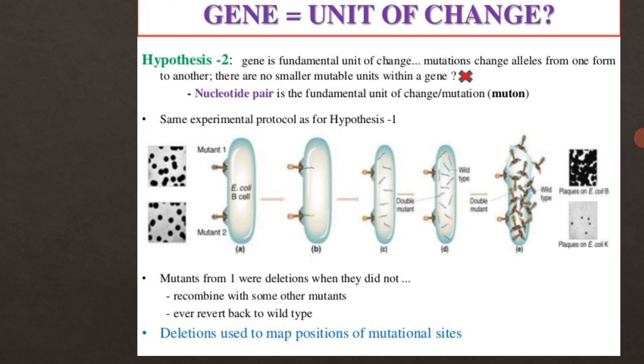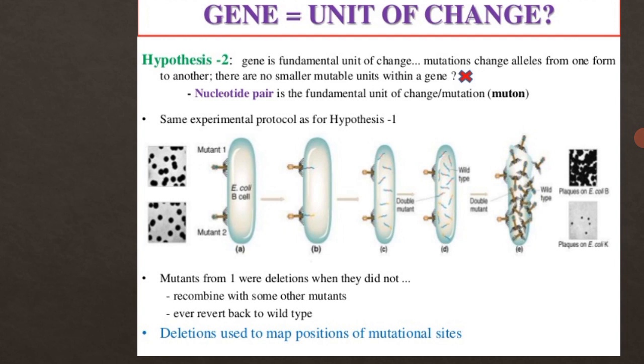Now mutant 1 were deletion mutants, because they did not recombine with some other mutant and they never reverted back to the wild type.